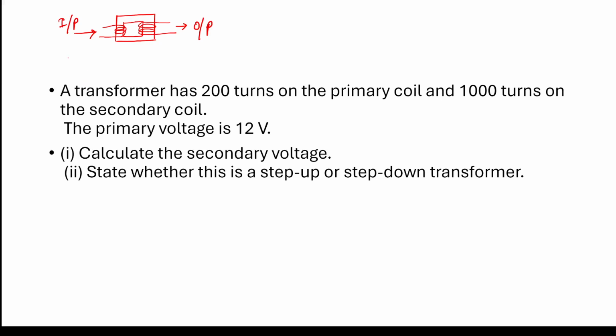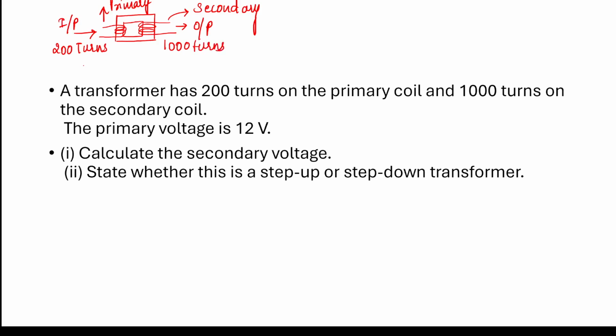If the primary has 200 turns, the input wire is called the primary coil, and the output is the secondary coil. This one has 1,000 turns.